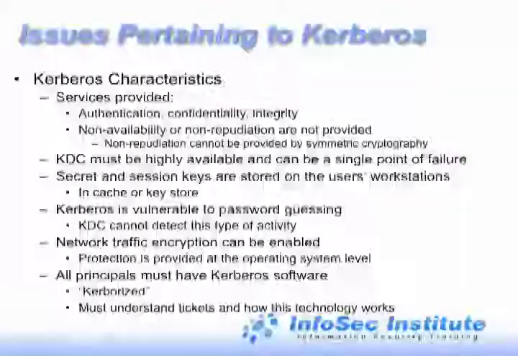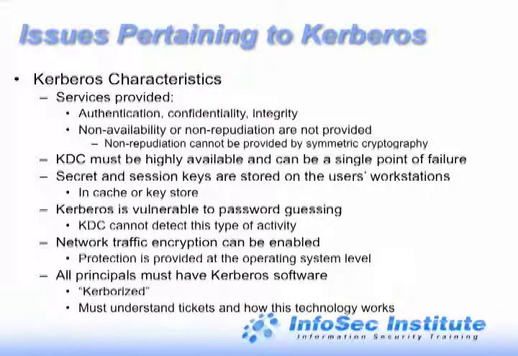Okay, issues pertaining to Kerberos. Now the characteristics: its service provides authentication, confidentiality, and integrity. Non-availability or non-repudiation are not provided. What's a good example of non-repudiation? Yeah, email is probably one of the best examples of a service that does non-repudiation.